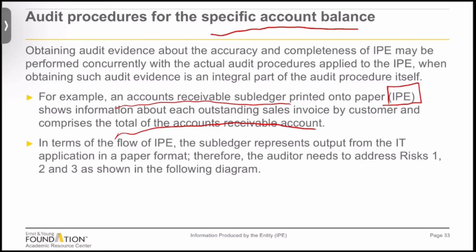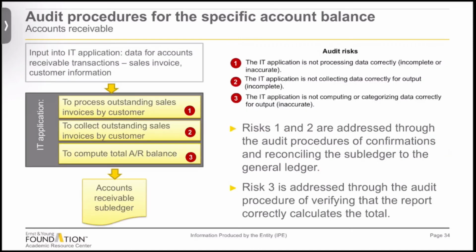Okay? So in terms of the flow of the IPE, the subledger represents the output from the IT application in paper format. Therefore, the auditor needs to address risk 1, 2, and 3 as shown in the following diagram.